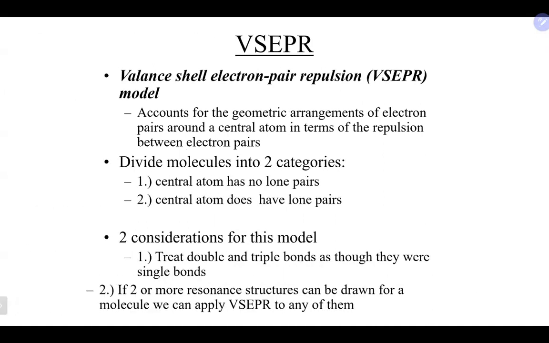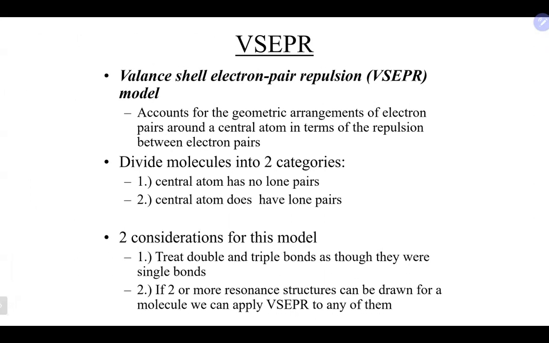So the geometry that we go about is the valence shell electron pair repulsion model, our VSEPR, and it accounts for the geometry around the central atom. So when you do geometry for a molecule, it's all about the central atom. And a lot of what we draw in this class, you'll just have one central atom, but you could have multiple central atoms, but it's always a central atom that you want to do geometry from.